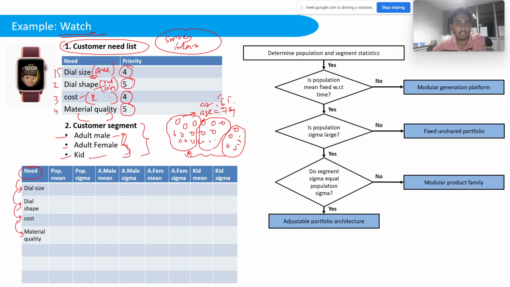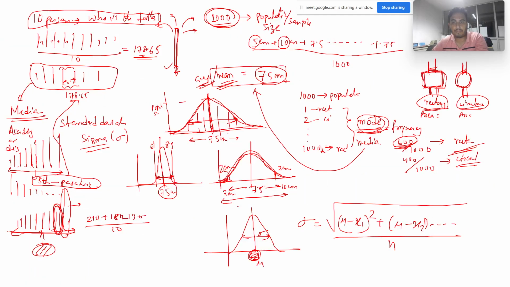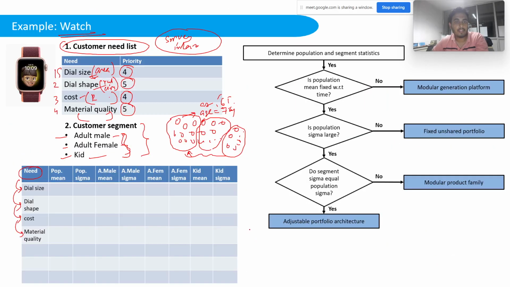Similarly for sigma, you use this particular formula: sum of the squared differences between each value and the population mu, divided by n, and then the square root. N is the size of the population. This gives you the standard deviation. So here you measure the standard deviation for the dial size: mu dial size, and similarly sigma dial size for the population. Like that, you take all the different measures.